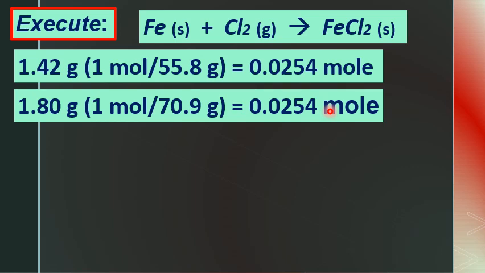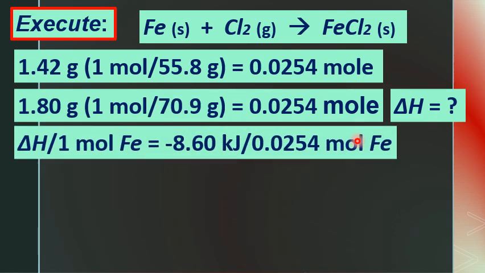And our target variable is the change in enthalpy delta H. This is for the given thermochemical equation where 1 mole of the product, ferrous chloride, is produced. And since the iron to chlorine gas ratio is exactly equal to 1, we can use ratio and proportion.